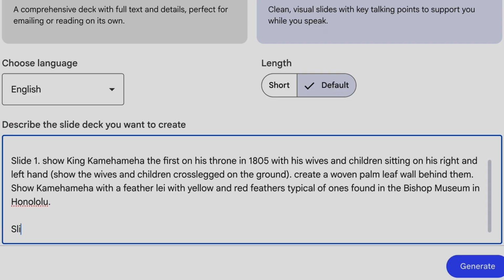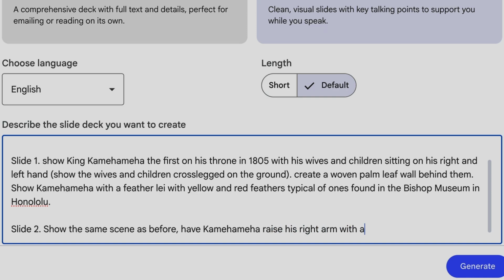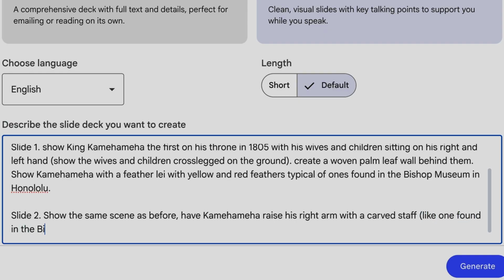Slide 2. Show the same scene as before. Have Kamehameha raise his right arm with a carved staff, like one found in the Bishop's Museum in Honolulu.